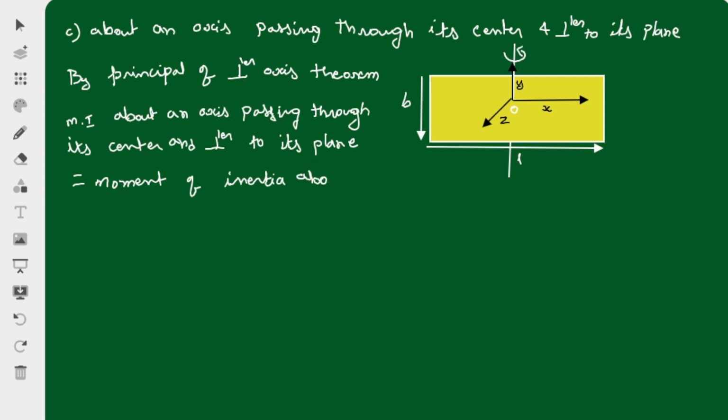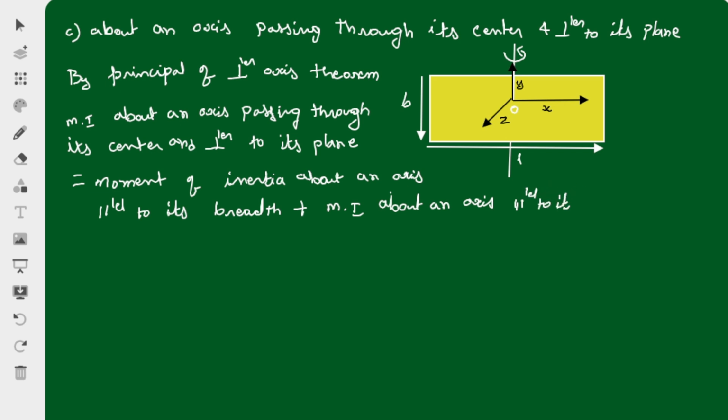So I can write Iy equals Ix plus Iz. Iy is the one passing through the center perpendicular to the plane. Ix and Iz are the moments of inertia parallel to the breadth and parallel to the length. Therefore m b square by 12 plus m l square by 12, we get I equals m into l square plus b square divided by 12.